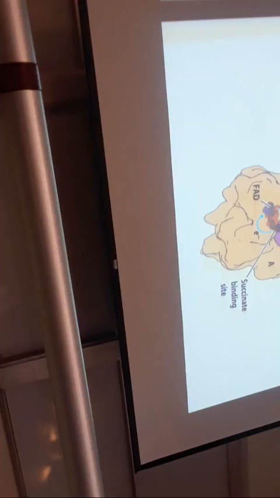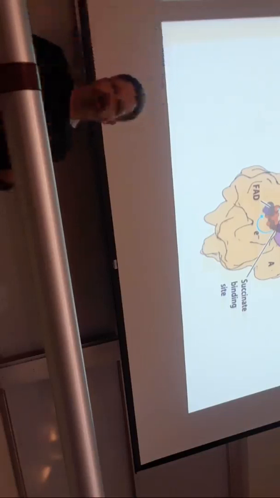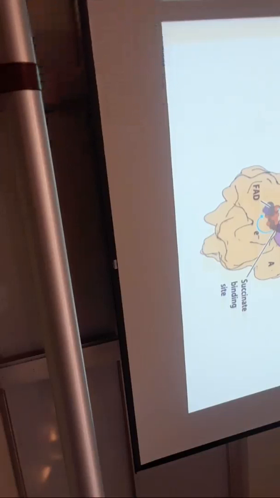We also see that relatively close to the binding site of ubiquinone there is a heme, heme type B. We'll see what that means in a moment. But this heme supposedly does not participate in electron transport, but its role is rather to make sure that electrons don't go astray and no reactive oxygen species are formed.